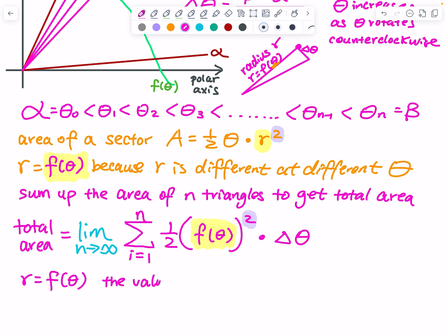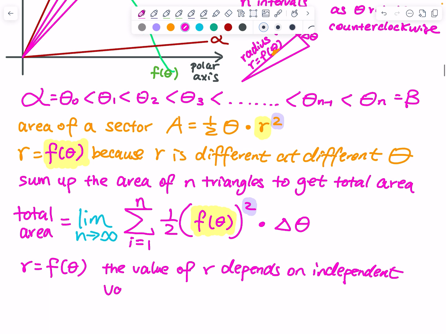That is the value of R. It depends on the independent variable, theta.